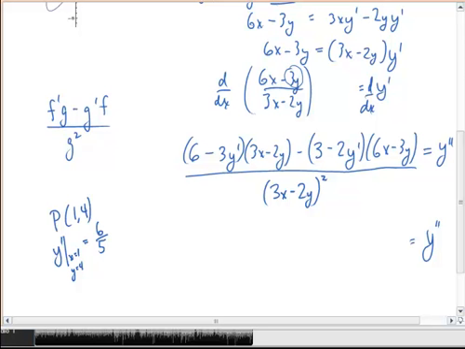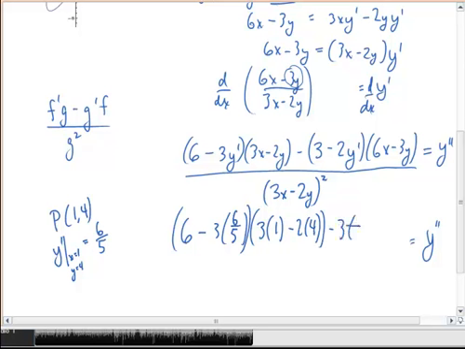What you would do is plug in, and this might take a while, but you would just plug in 6 minus 3 times 6 over 5. Basically it's just a crazy problem of plugging in values to figure out what y prime prime is. And then we would plug in 3 times 1 for x, minus 2 times 4 for y, minus, we've got 3 minus 2.